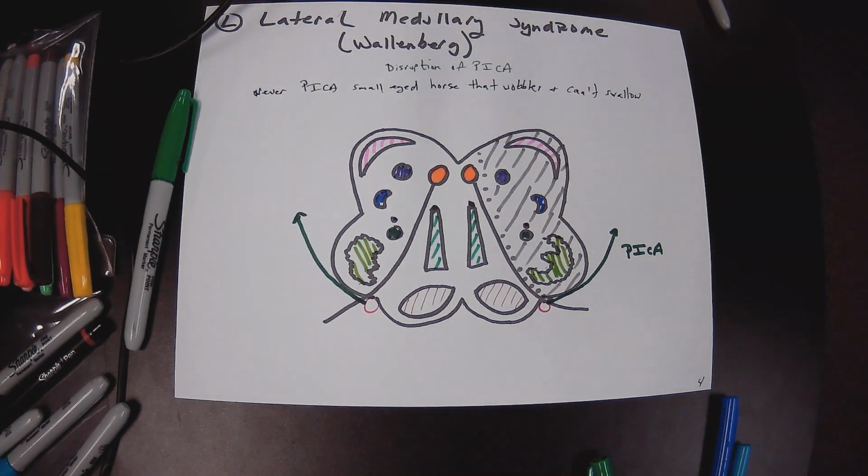So, easy way to remember. PICA, lateral medullary syndrome. Never pick a small-eyed horse that wobbles and can't swallow.